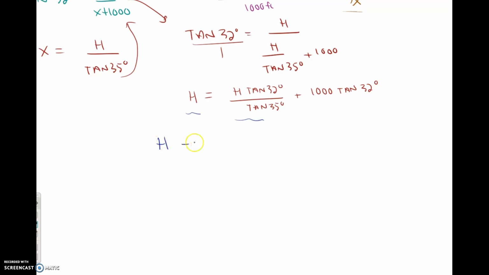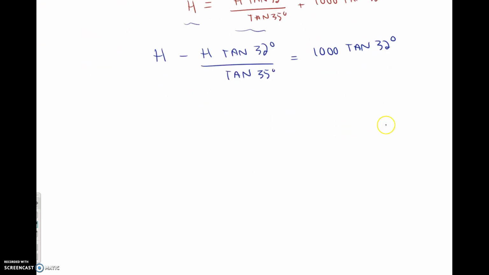I have h minus h tangent of 32 degrees over the tangent of 35 degrees equals 1,000 times the tangent of 32 degrees. Now I got my h's together. Let's factor out an h. It leaves me with 1 minus tangent of 32 degrees over tangent of 35 degrees.